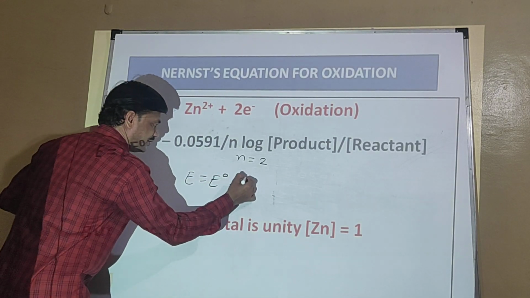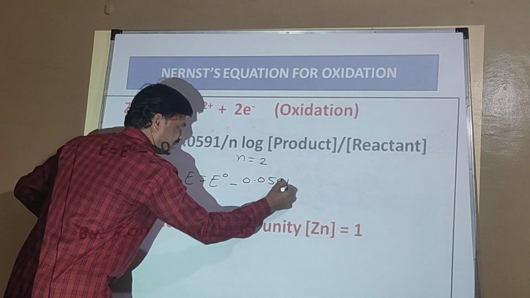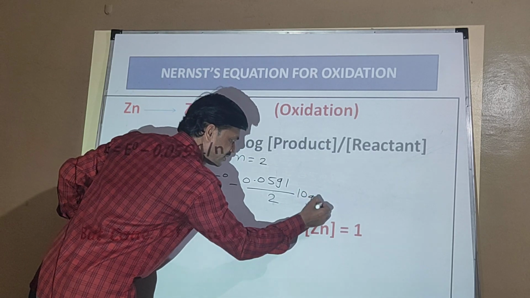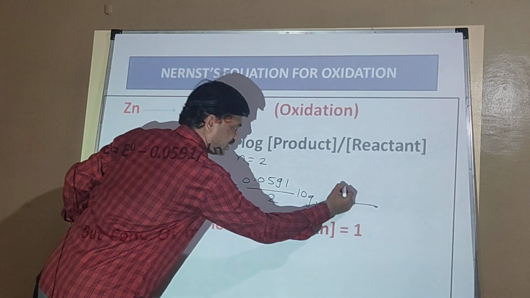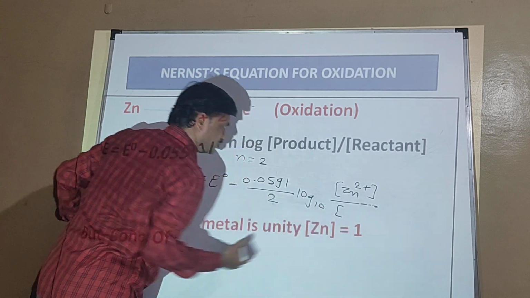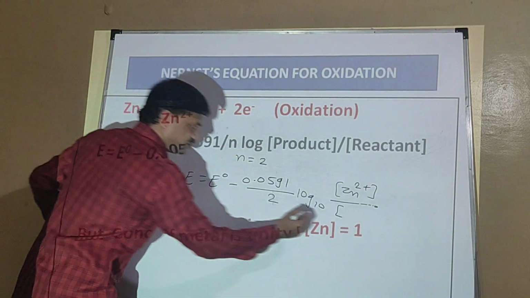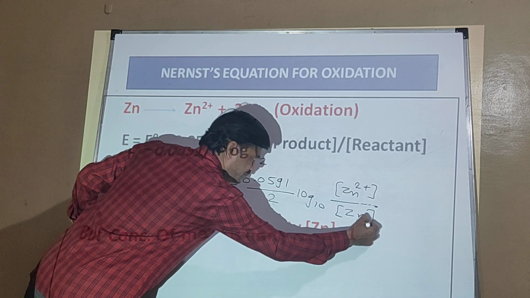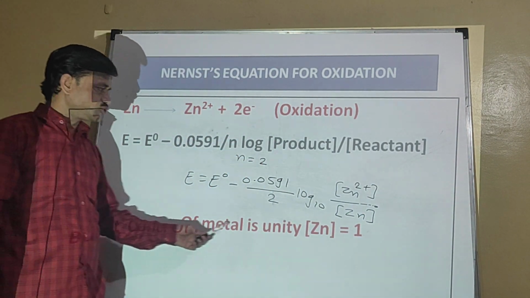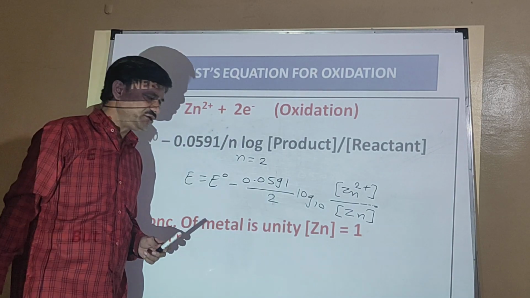So what will you get? E equal to E0 minus 0.0591 upon n equal to 2, log. Tell me here, what is the product? Zn+2. So we write the concentration of Zn+2. What about the reactant? Zn. So this is the concentration of Zn. Then check this point: the concentration of pure metal is always taken to be unity.